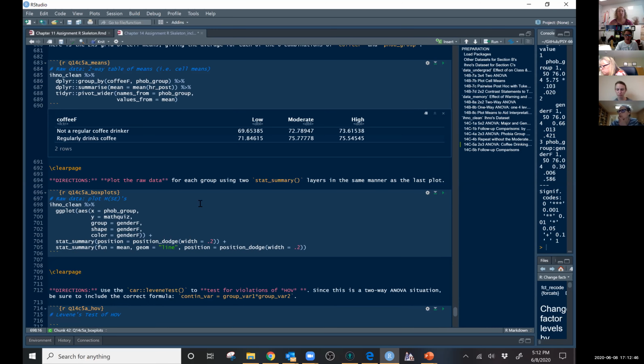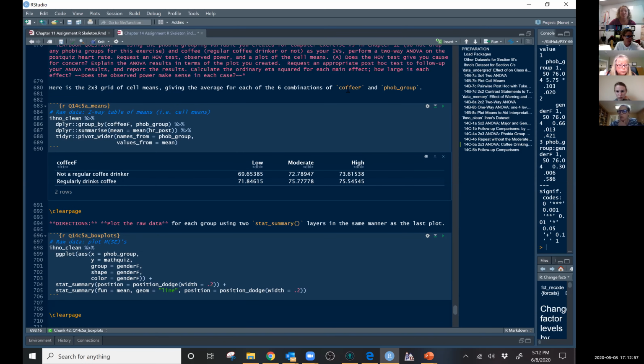We're still using phobia group, but we're not going to do gender. Instead of gender, the second variable is coffee. So all my gender Fs I'm going to replace with coffee F.